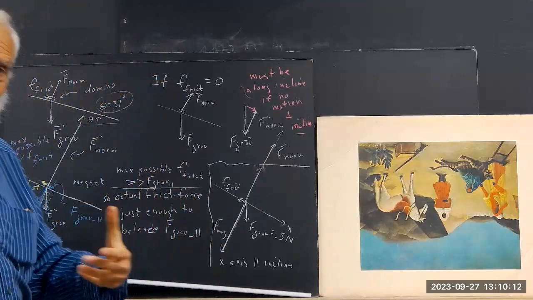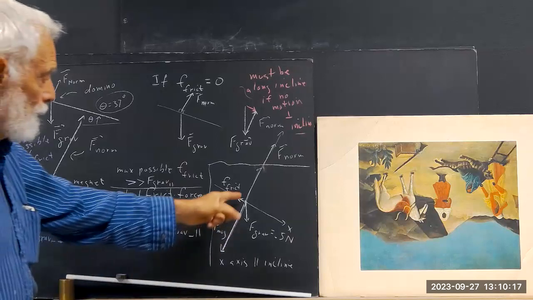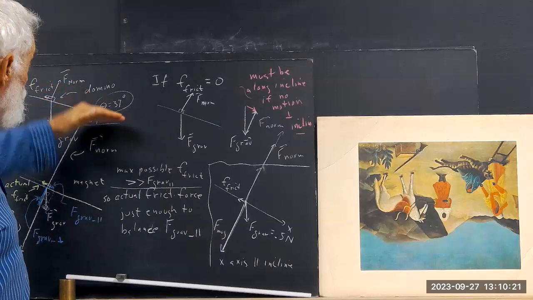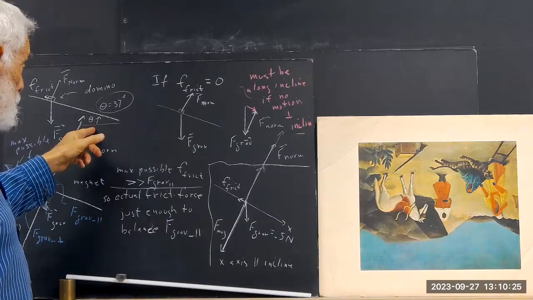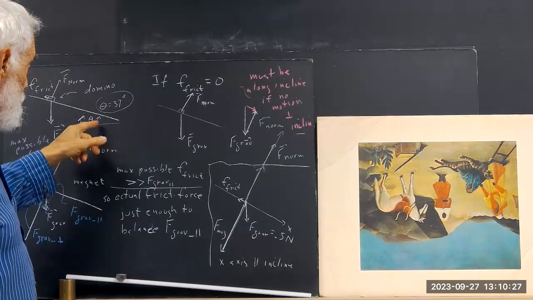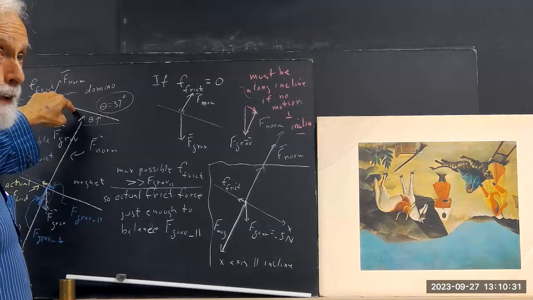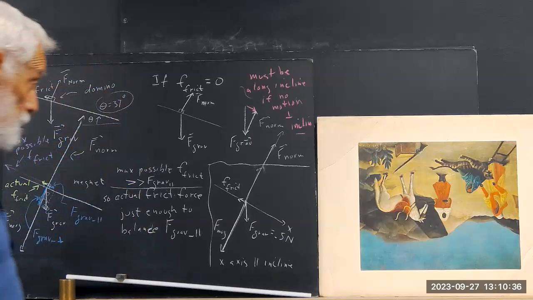But you really want to understand that statement, that this is perpendicular to horizontal. This makes an angle theta with horizontal. So what's perpendicular to horizontal should make an angle theta with what's perpendicular to this thing at angle theta with horizontal. Okay. And you want to think about that until it becomes clear.